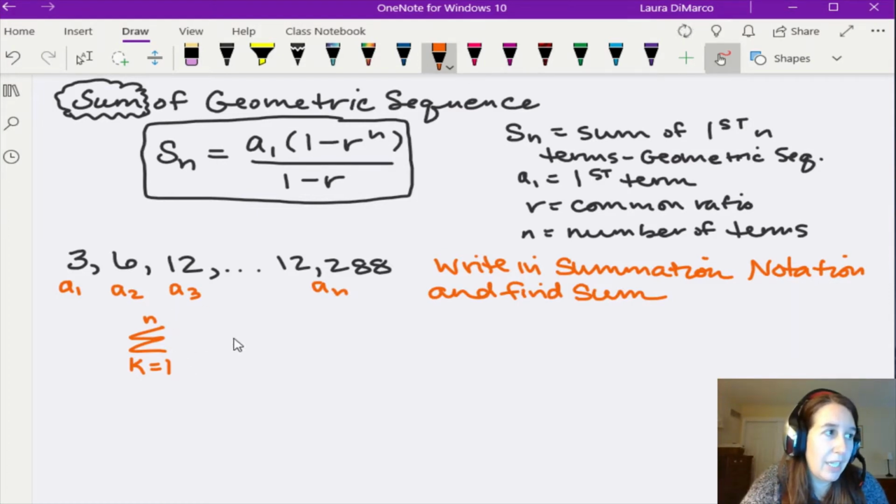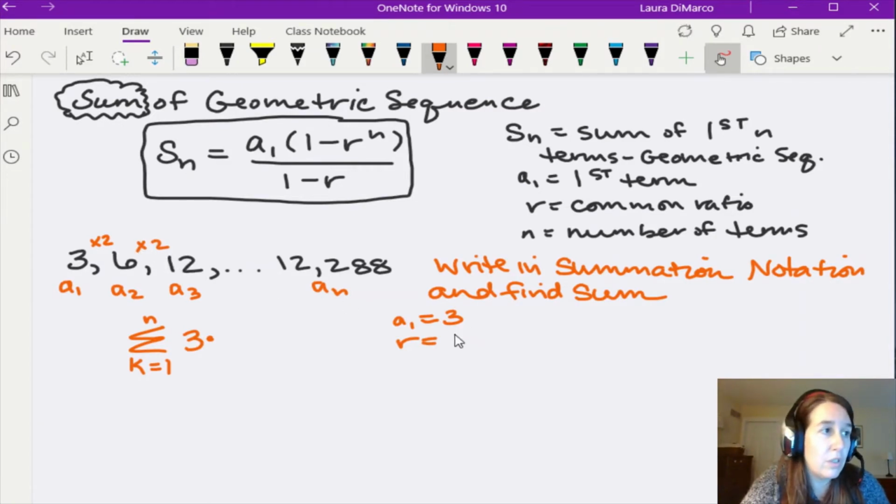Now, what we need next is the formula for this sequence. So we know the formula starts with a sub 1, so 3 times. Now we need the common ratio. So let's see, we already know a sub 1 is 3. Do we know the common ratio? Sure we do, right? It's pretty easy to see that it would be 2, because 3 times 2 is 6, times 2 again is 12.